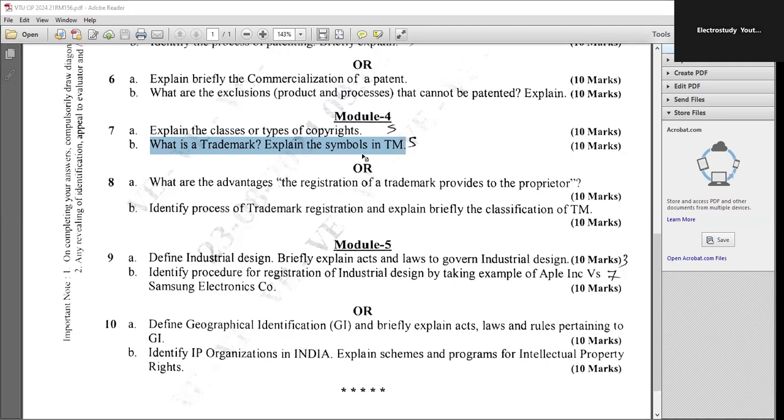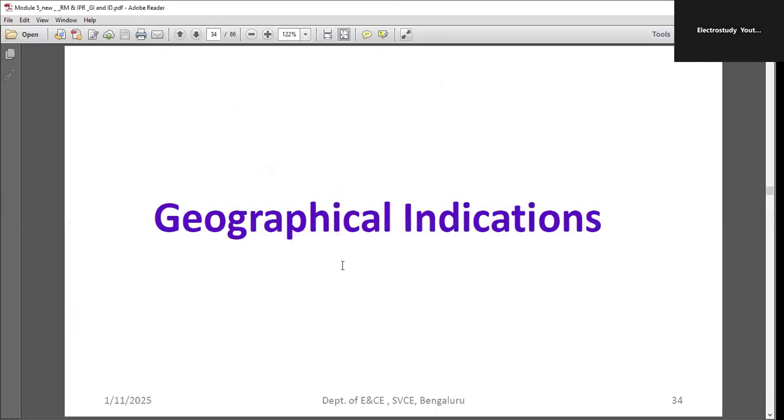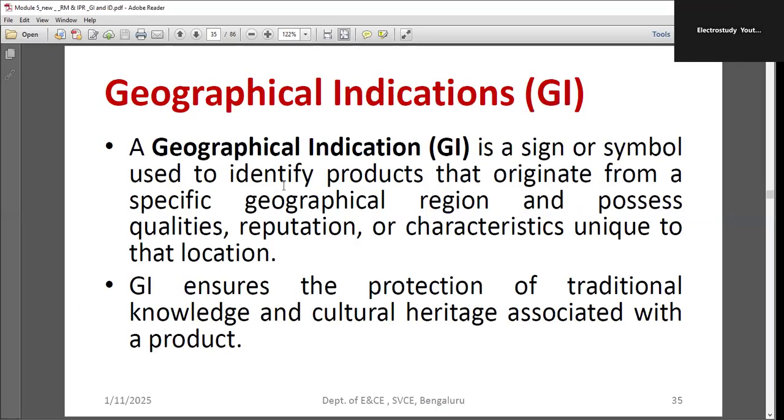So what is GI? GI is a sign or a symbol used to identify a product that originates from a specific geographical region and possesses quality, reputation, characteristics, unique location, etc. Darjeeling tea, Kanchipuram silks, then Basmati rice, Tirupati Laddu.